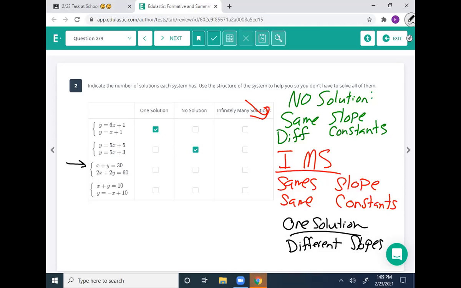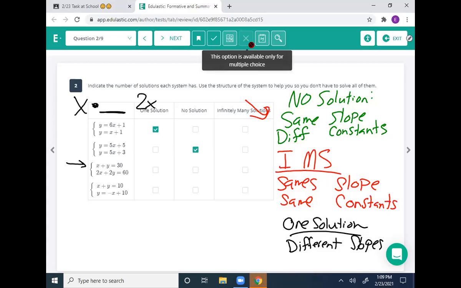So what would I have to multiply or distribute to this equation to get it to be a 2x and a 2y? X times what number is going to get me a 2x? Avery? 2. So I need to multiply this equation by 2.